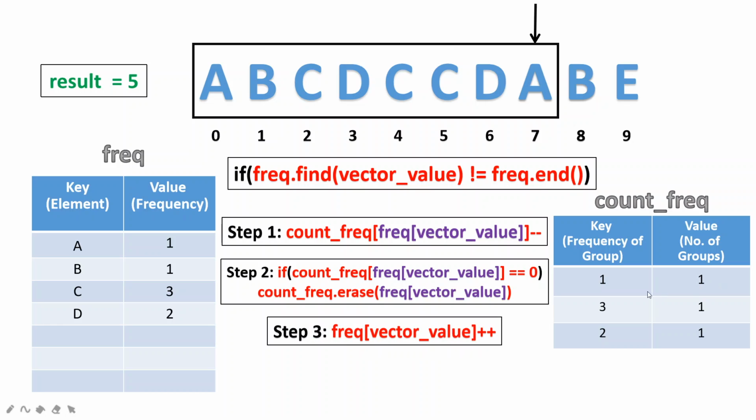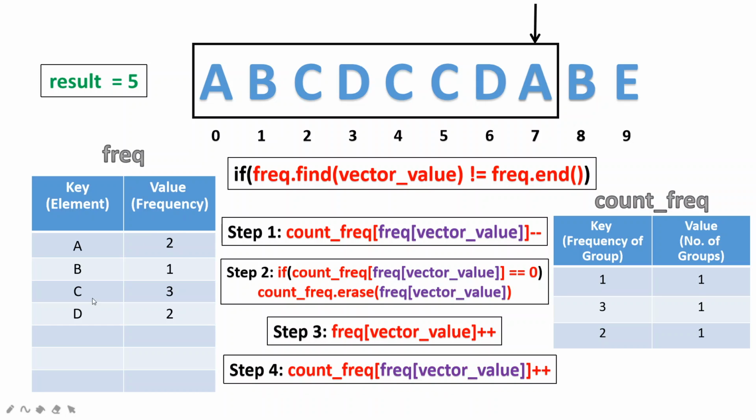Ignore it. Then update the value. So A points to 1, increment it, becomes 2. Step 4 is basically A points to 2, 2 points to 1, increment this, so it becomes 2. So at this point we check 3 elements in the hash map, 1, 2, and 3, hence we ignore this case.